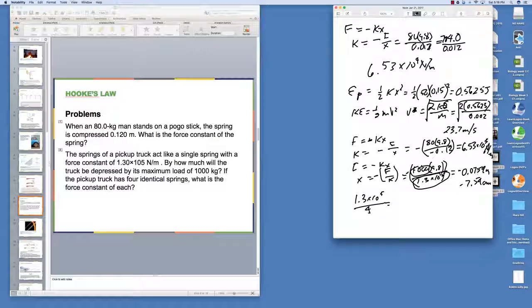Put this same formula in here, or use this formula actually right here and put in 250 times 9.8 divided by 0.0754. Either way, you get the same answer, and that answer is 3.25 times 10 to the 4th newtons per meter. And so either way, you get the same answer.